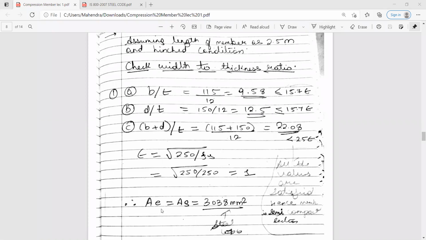A is the effective area. Whenever your section is semi-compact, what effective area do you consider? The gross area. Now what is gross area?